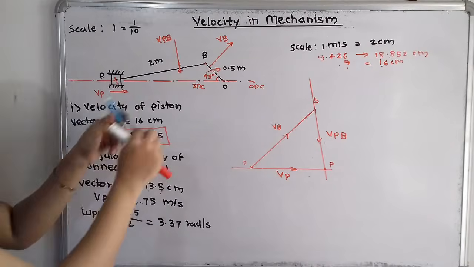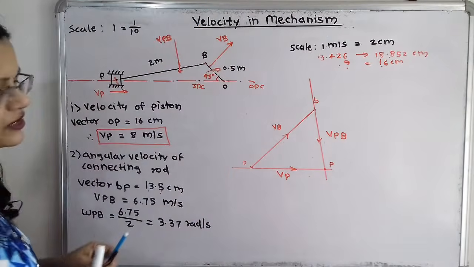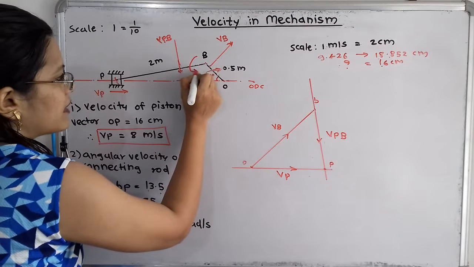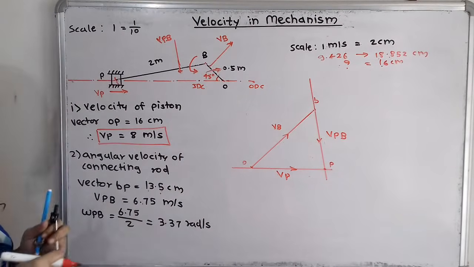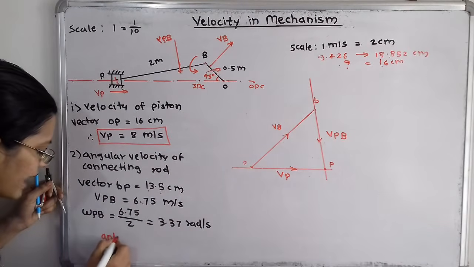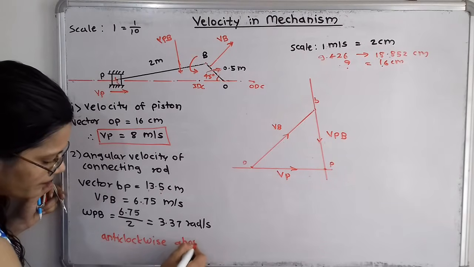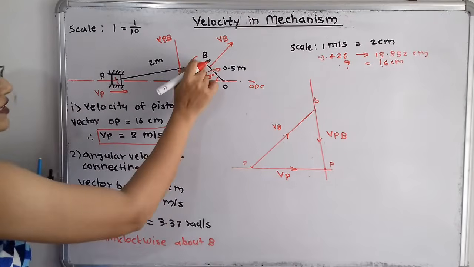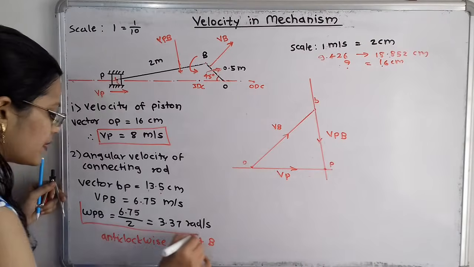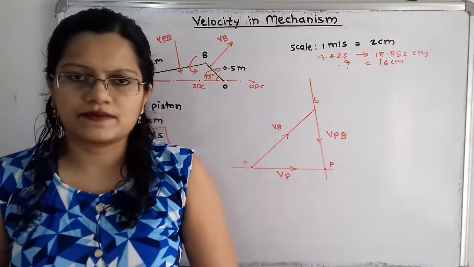So with the help of a compass, if I take B as the center and move the compass in the downward direction, the direction is anti-clockwise about center B. So we have to write the answer: anti-clockwise direction about B. This center is important, that is when the center is B, then it is anti-clockwise. And for omega PB, the answer is 3.37 radians per second.